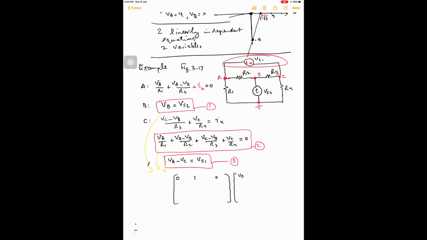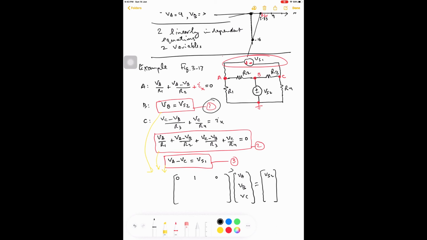This is 0 Va, then 1 Vb, then 0 Vc. This is equal to, what is the right hand side of this first equation? This is Vs2. This is the right hand side.